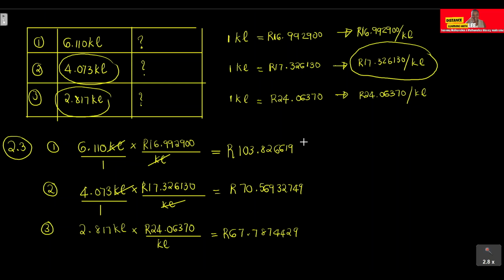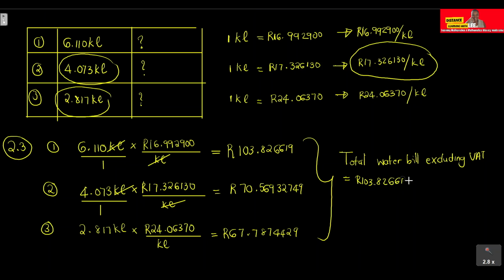Okay, so now we're not done. All we need to do now is add up these three amounts together to get the total water bill excluding VAT. So his total water bill excluding VAT will be 103.826619 plus 70.569327 plus 67.7874429.